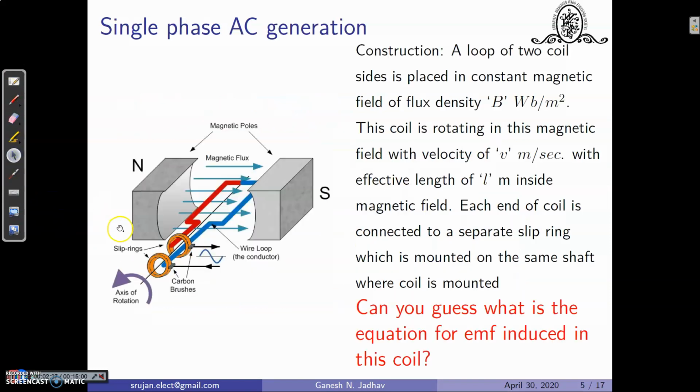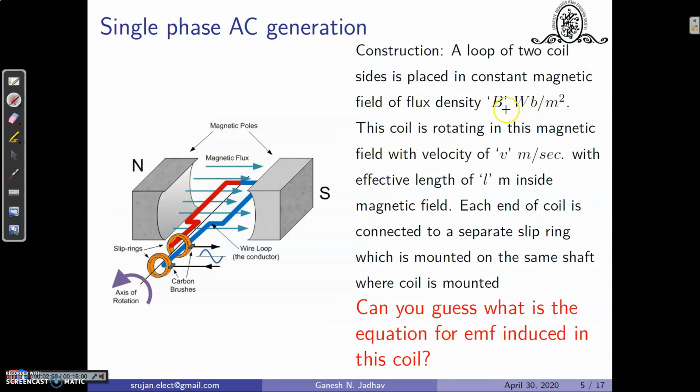Now let's see how the single phase is generated. To understand generation in the single phase circuit, one coil or loop of a coil is placed in a magnetic field, a permanent magnetic field. Let the flux density of this magnetic field be B Weber per meter square.